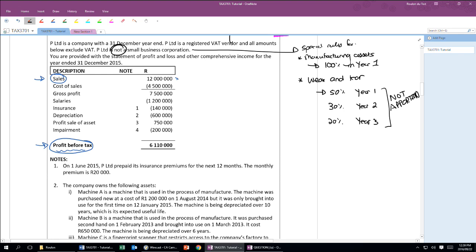What does apportion mean? It means, for example, if you've used an amount for 8 out of 12 months, that over there is the apportionment.